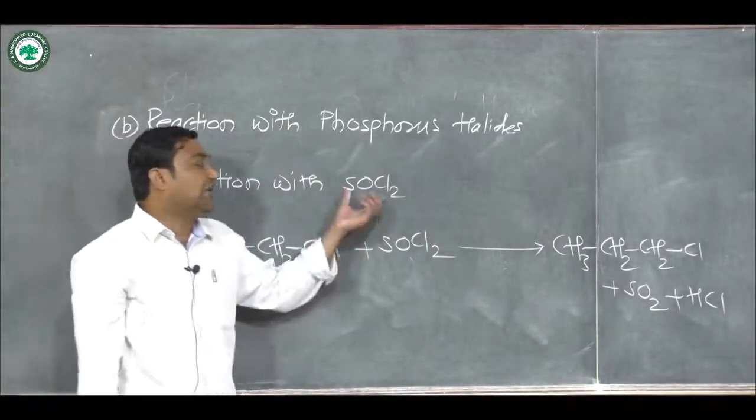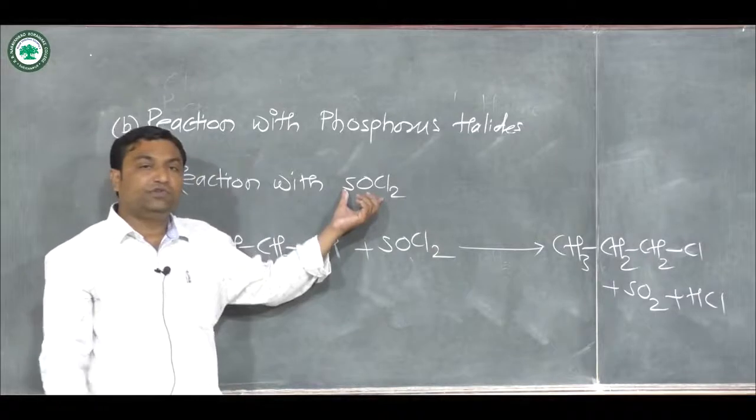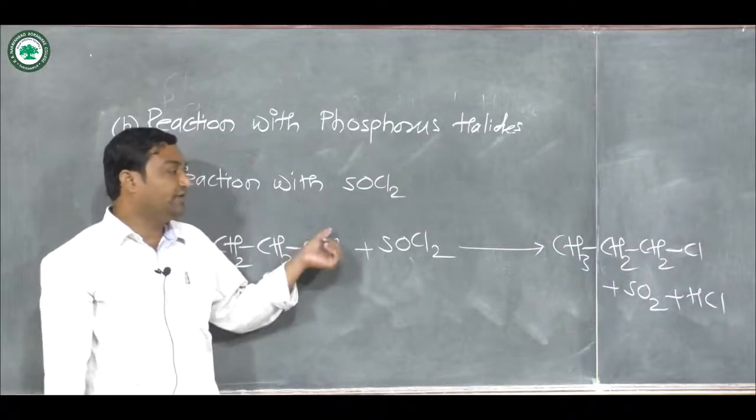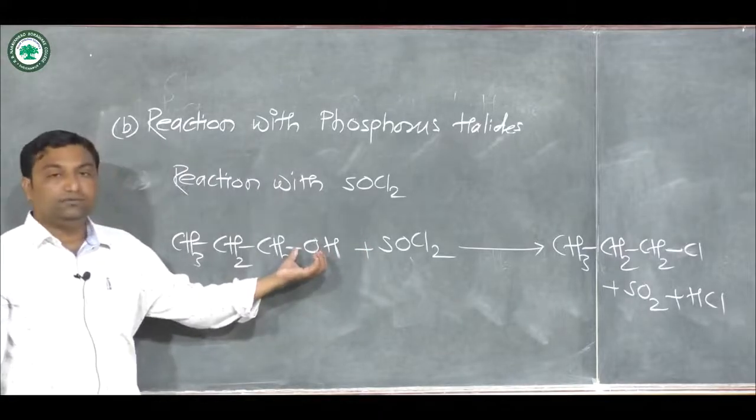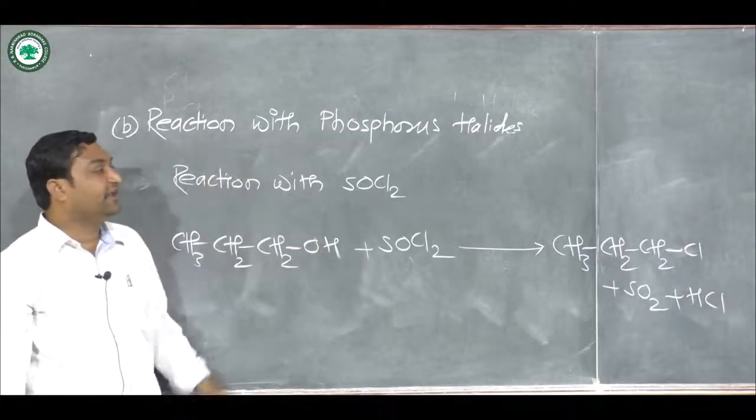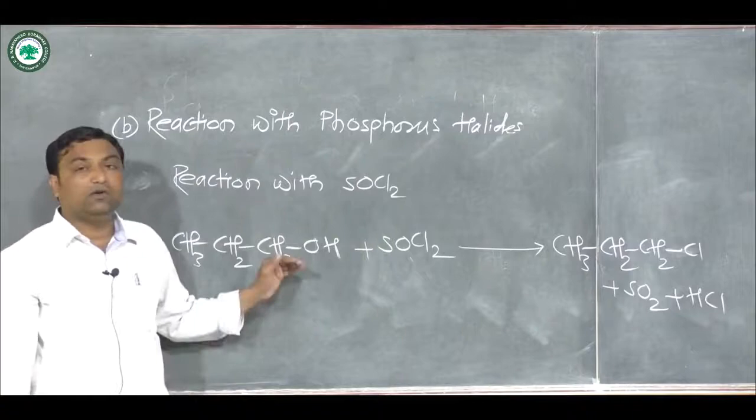Generally, thionyl chloride is used for the chlorination of alcohol. This is the first preparation, that is from alcohols.